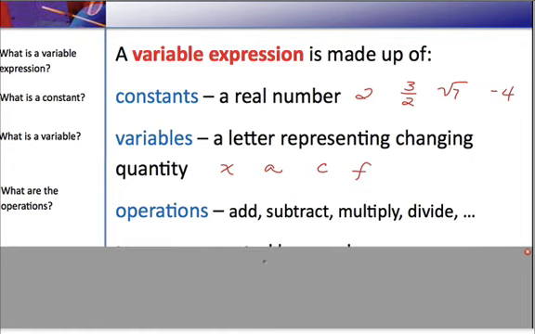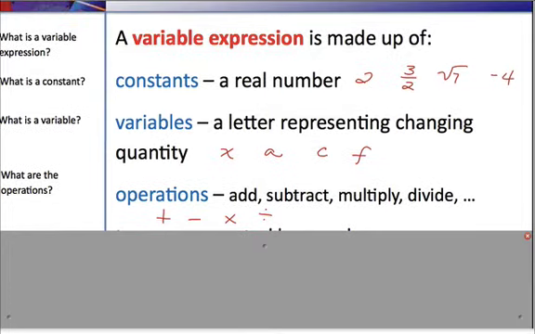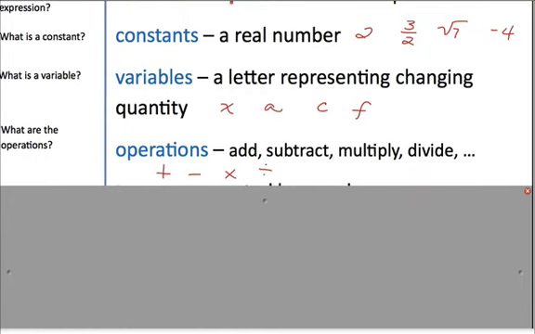Operations. Now, our 4 main operations are add, subtract, multiply, and divide. But we might see some other operations in our expressions as well, like we might see exponents. Of course, they're really just multiplication. Those 4 main operations are going to be part of our expression.